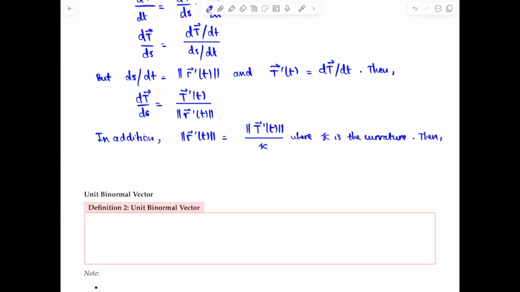Then you have that dT/ds equals T prime of t divided by the magnitude of T prime of t over kappa.